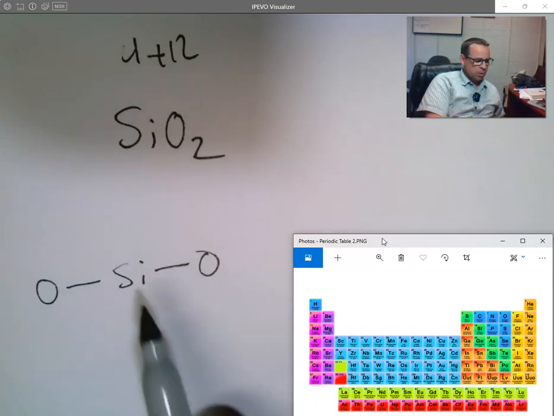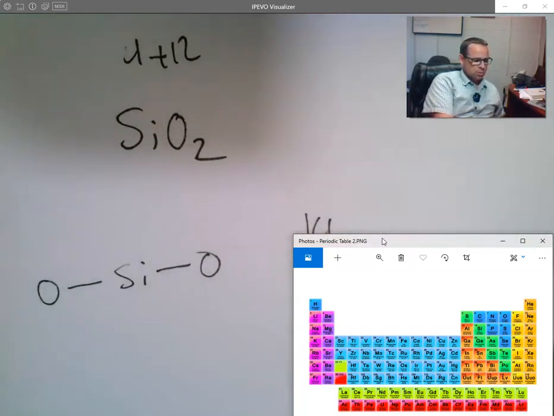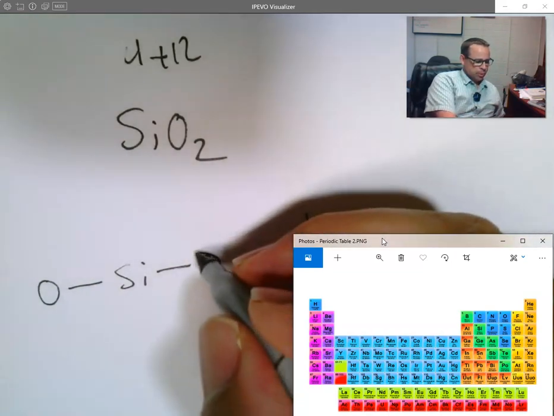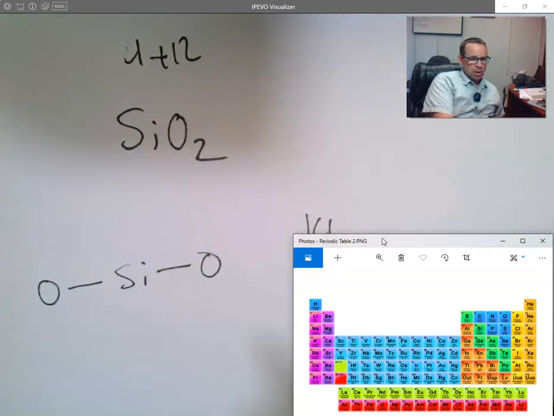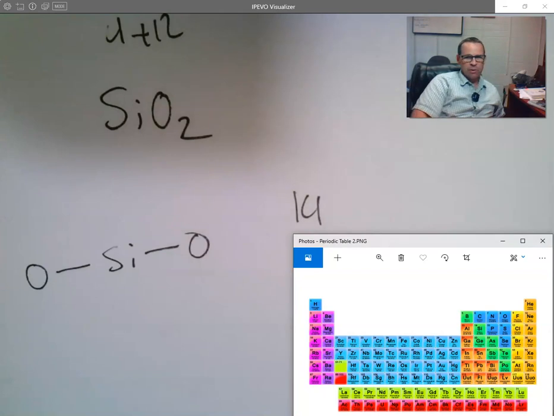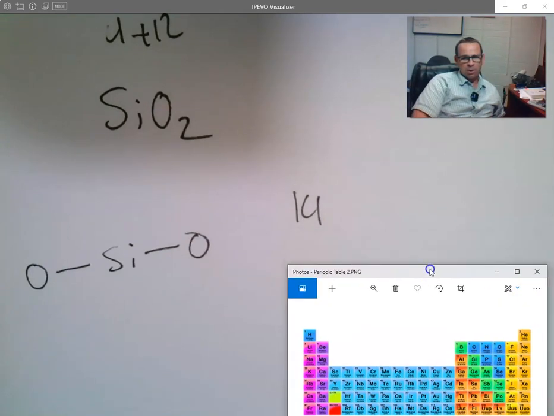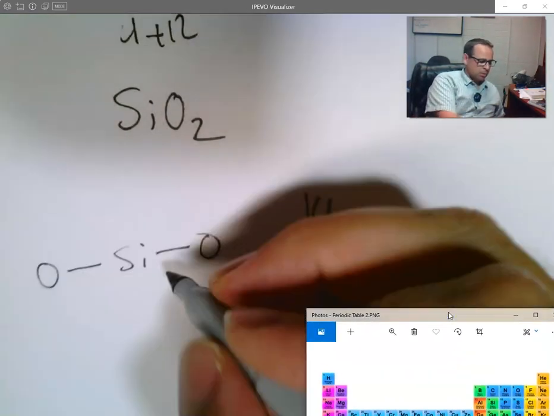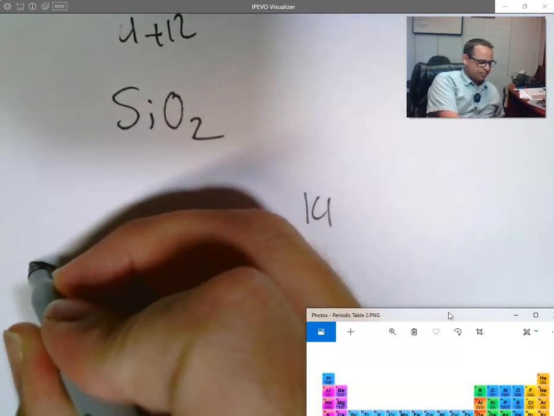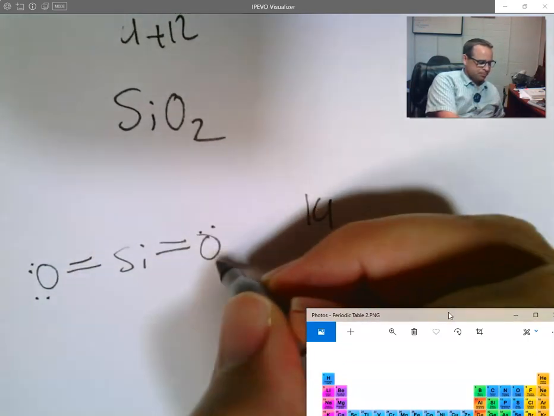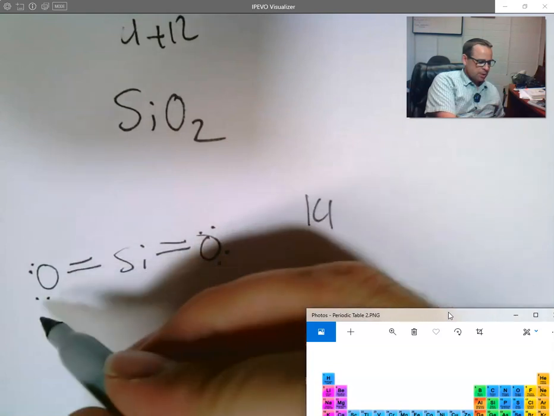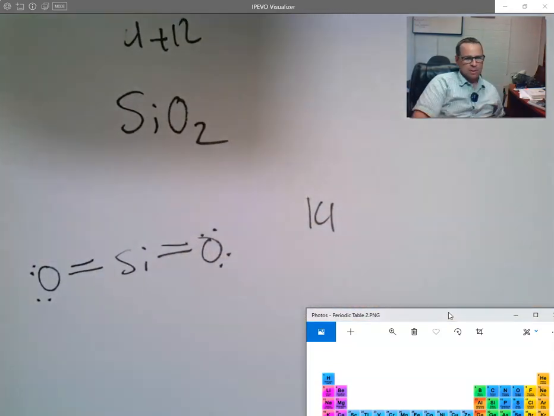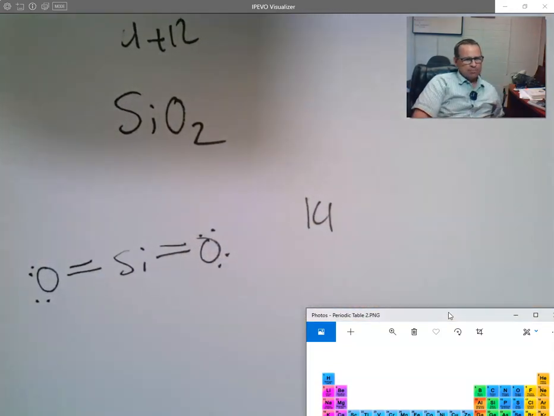We have 2 on the board already, so we have 14 more to go. I don't know if you can see it, but I have a feeling that this compound is going to look a lot like carbon dioxide. 1, 2, 3, 4, 5, 6, 7, 8, 9, 10, 11, 12, 13, 14, 15, 16. See that? Yeah.